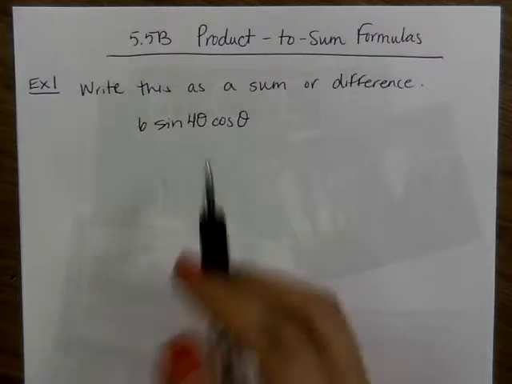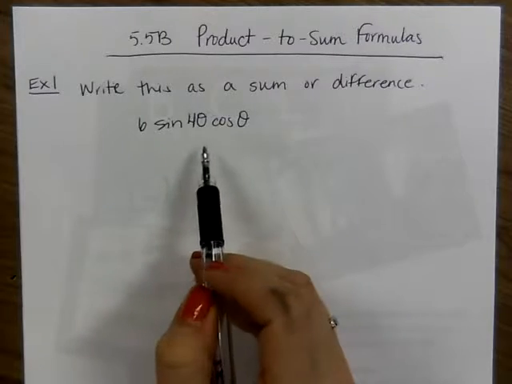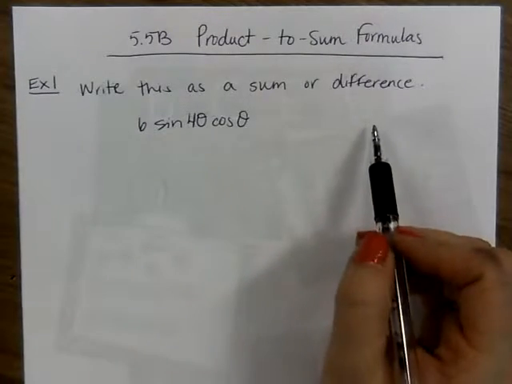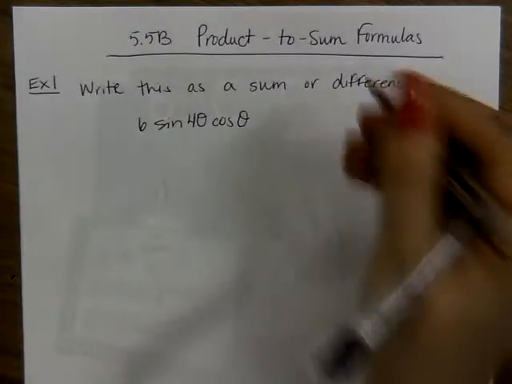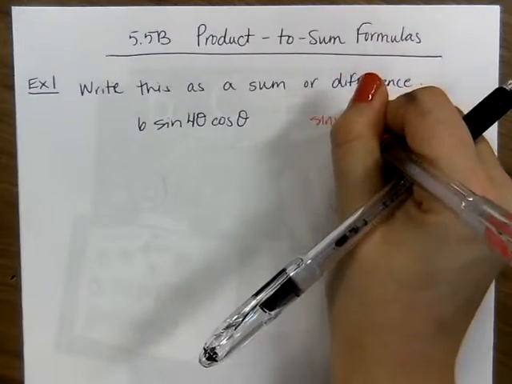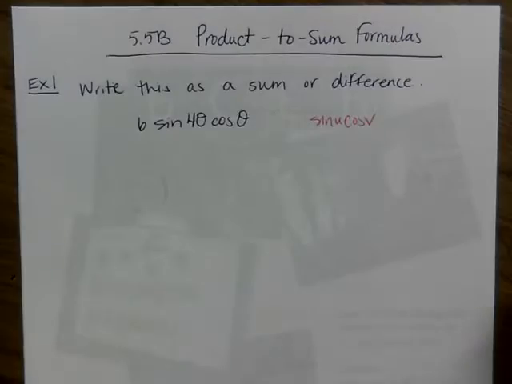So right then you should be thinking, okay, I'm multiplying things together, so I have a product and they want me to go to a sum. So look on your formula sheet and see what formula fits that. Do you see the sine of u times the cosine of v formula?